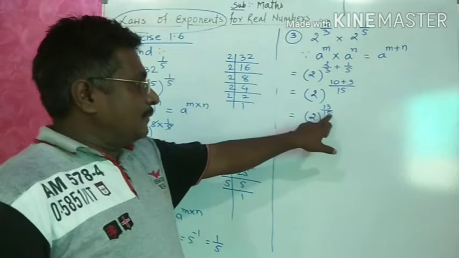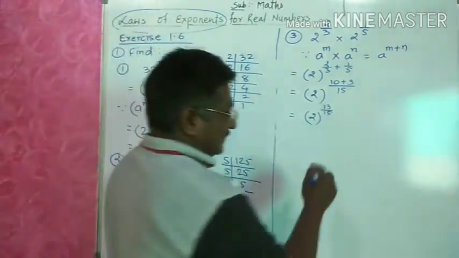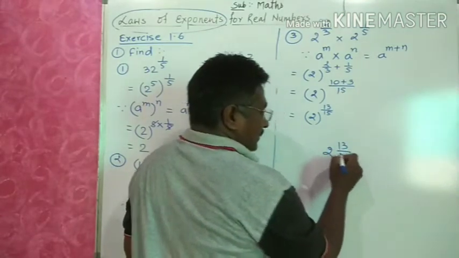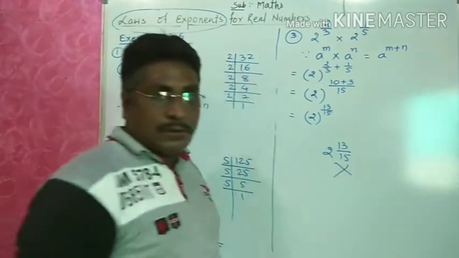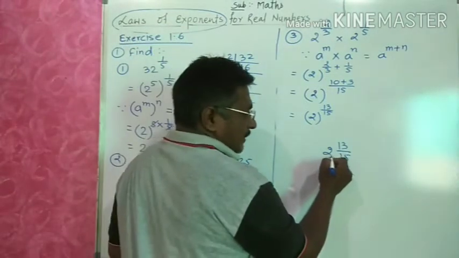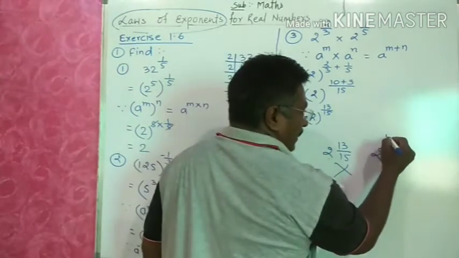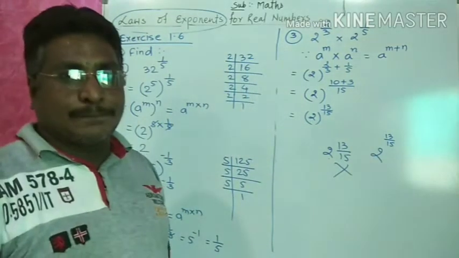While writing this number, you have to write it on the head, not like this. Maximum students are writing in this way. This is wrong. Don't write like this, it is wrong. Where to write? This number is bigger and this number should be smaller on the head, like this. It should come in this way.